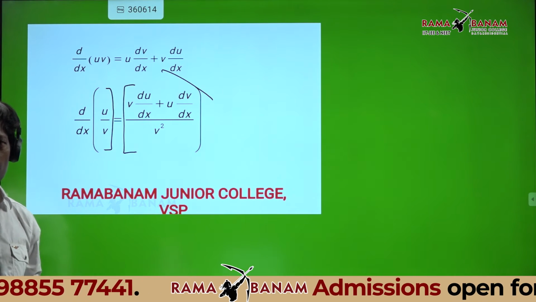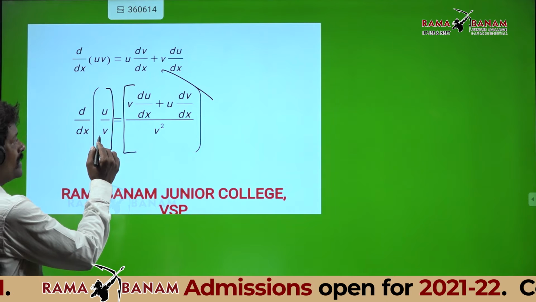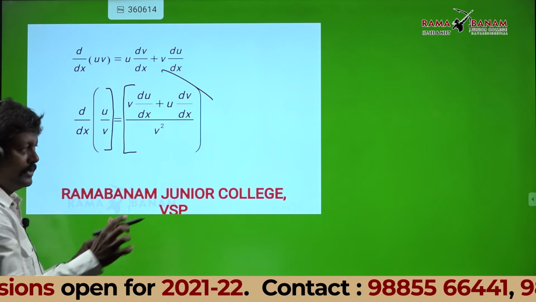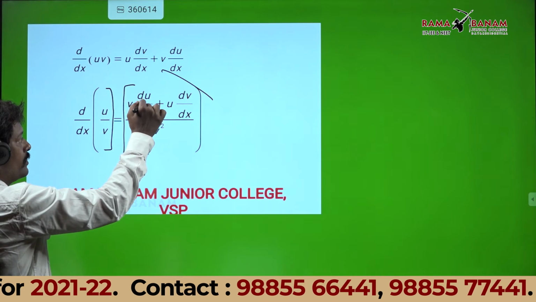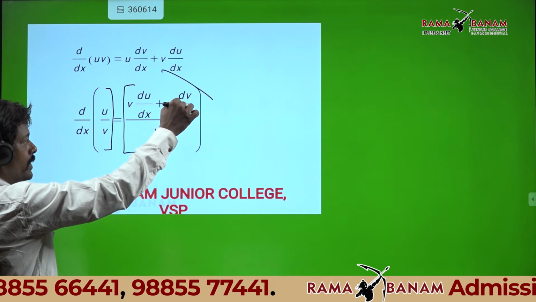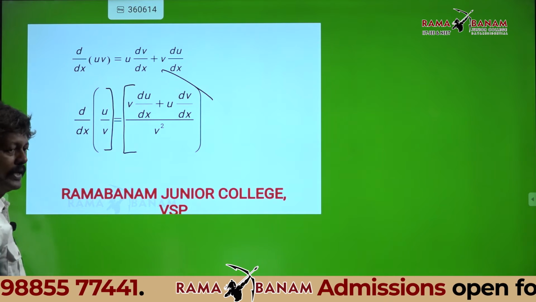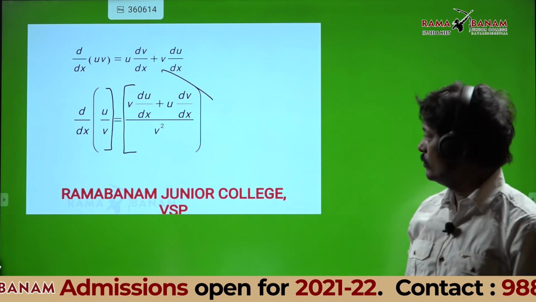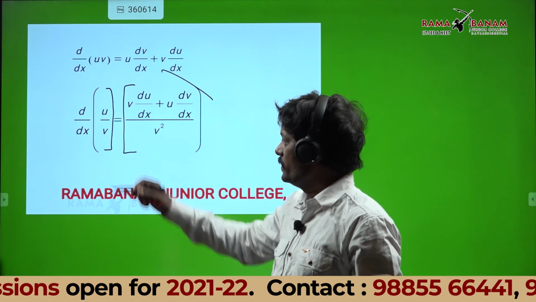See how I am reading? First the denominator function as it is, denominator into derivative of the numerator minus numerator into derivative of the denominator, by denominator square. In that way you remember. So write down d by dx of u by v.